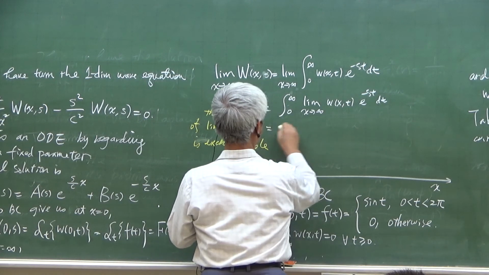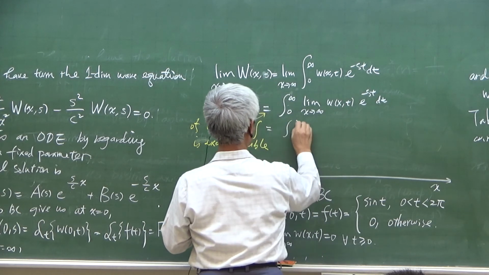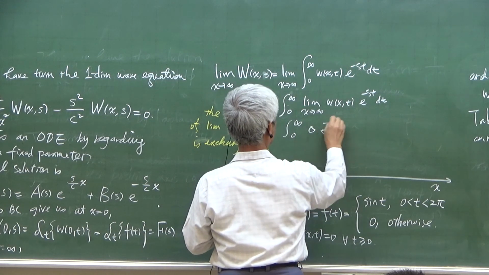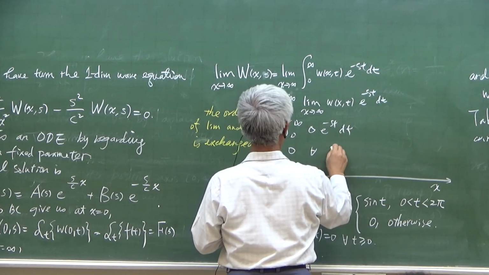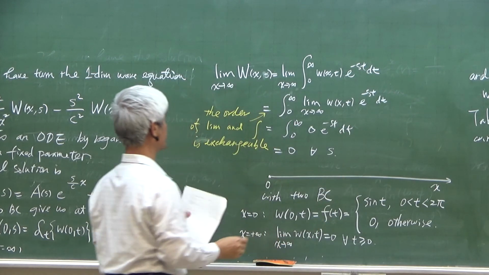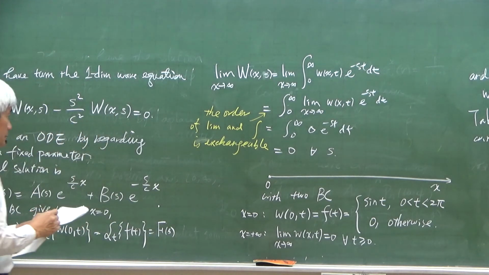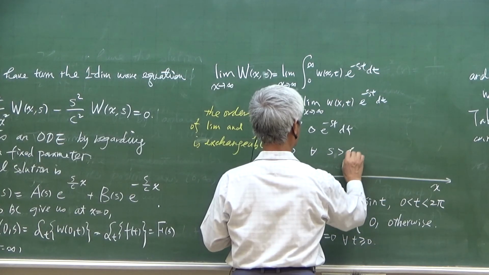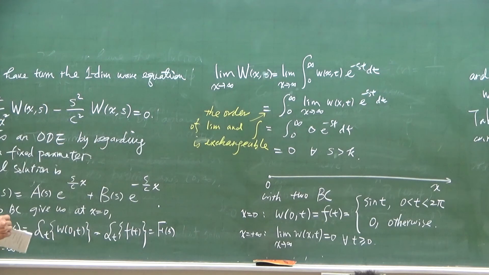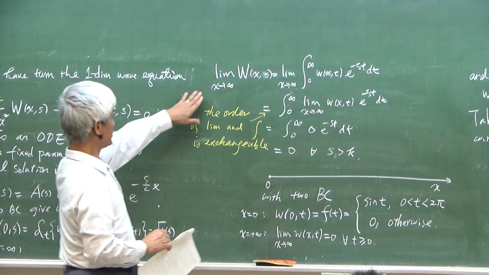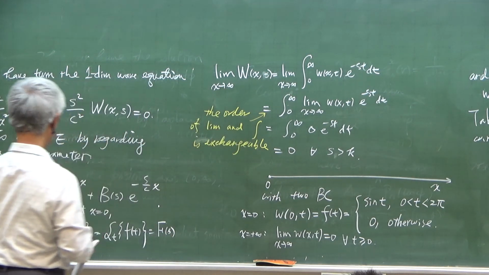Okay, and we know this is 0. So this is 0 for all x. Great, then. So these are our boundary conditions. For when x goes to infinity, this is going to be 0.